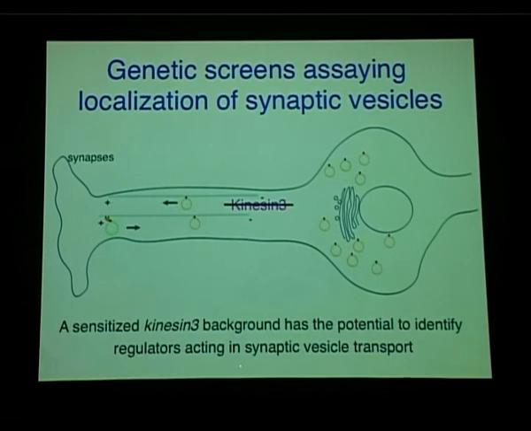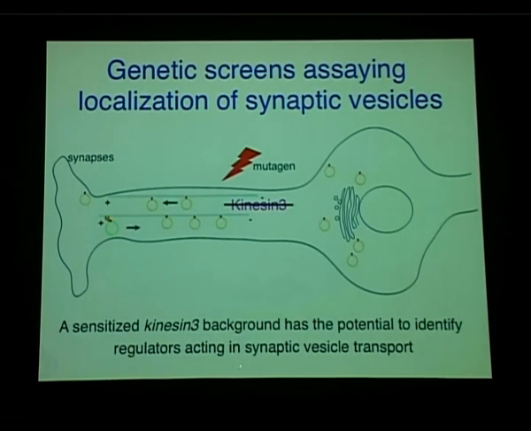So in a situation where the regulator by itself may not have a strong action, its role might be much more readily apparent in a sensitized genetic background, and it's a very standard genetic approach that people use. So what my lab did was we took a strong kinesin 3 allele that we showed was defective in attaching the motor, which could not attach to the cargo very efficiently, and then fed the animal a mutagen to drive synaptic vesicle proteins back into the axon.